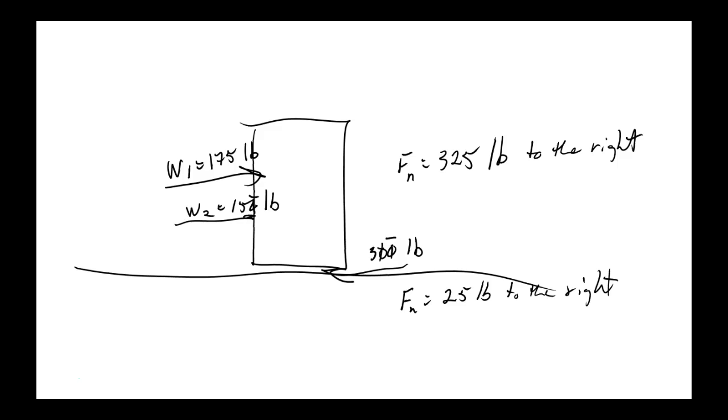Now, the crate in example 2 that we just did has a mass of, now what's the mass unit for U.S. customary system? Anyone remember? The mass unit for U.S. customary system goes back to what we did probably 2 weeks ago.